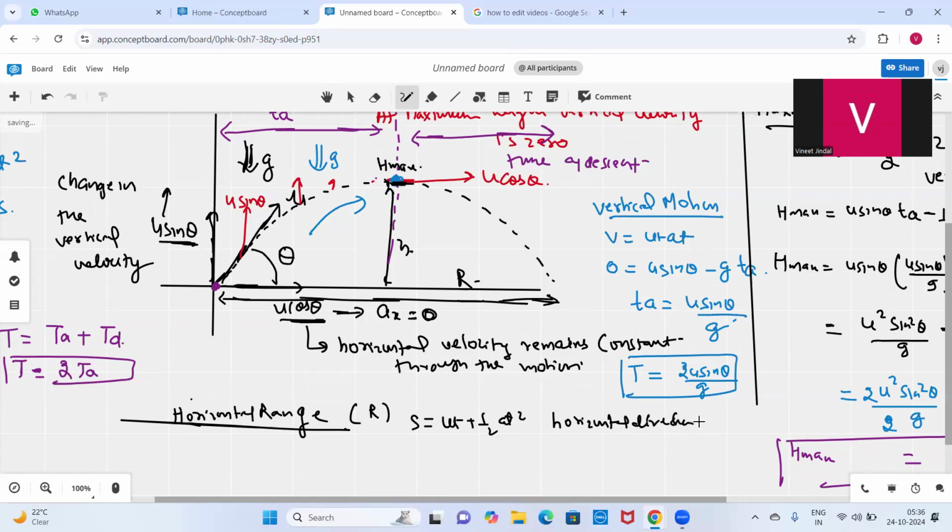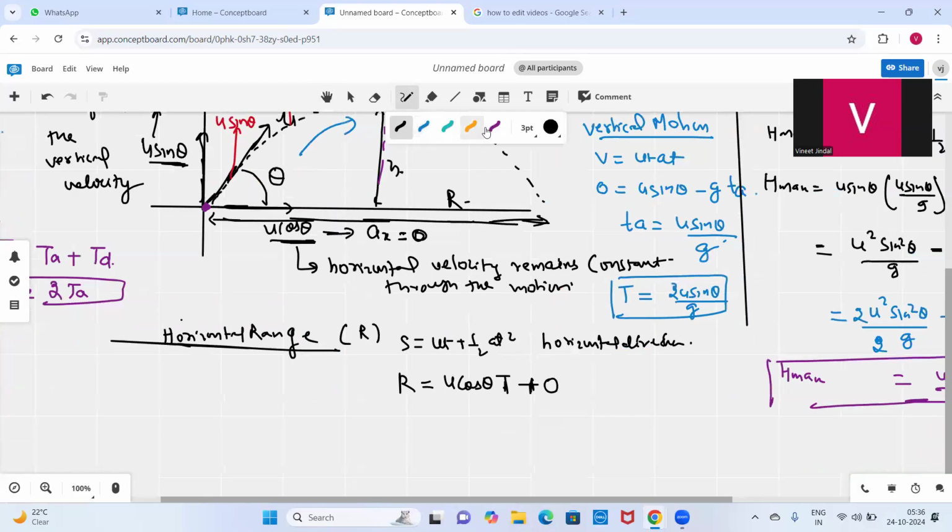So the horizontal distance covered is capital R. Horizontal velocity is u cos theta, and when it covers the entire horizontal range, it will take a time equal to the time of flight, the time in which the object is in the air, which is capital T, and the acceleration horizontally is 0.